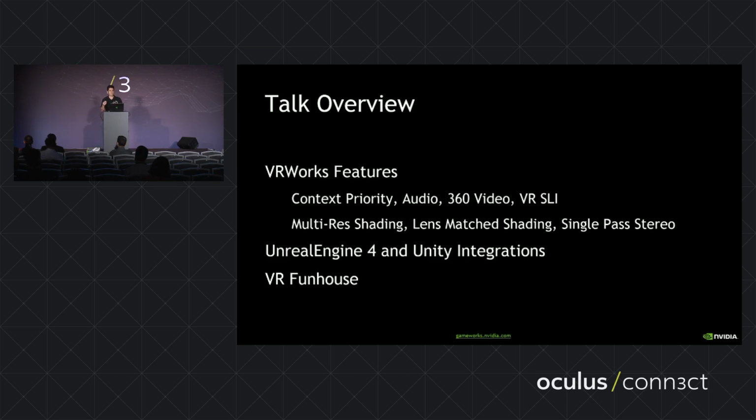As you'll see, some of these features have complicated interactions with different things in the engine, and we'll talk a little bit about that and give you a better sense for how they work so you can take advantage of them better. And then we'll end with the neat video of our new VR game, VR Funhouse, and we'll talk a little bit about how that works.